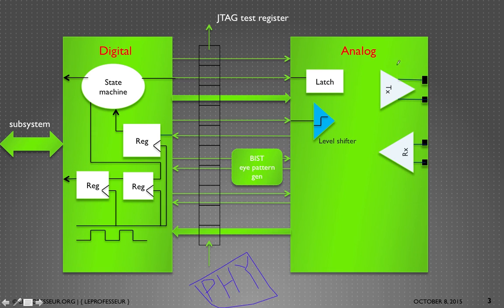On the other side, the analog block has a transmitter and a receiver, transmits data out and receives data in from the outer world and sends these signals inside to your analog portion, which later can be translated and given to the digital block after proper level shifting.